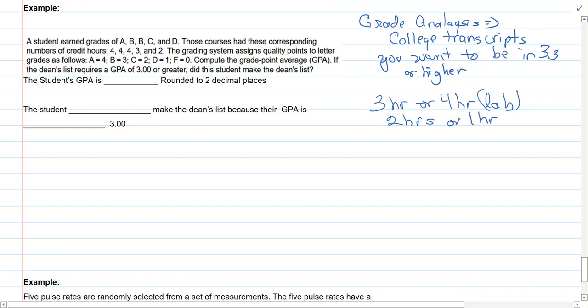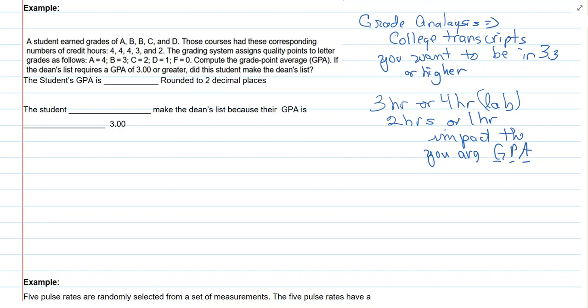So these impact your average GPA, grade point average. So let's look at this one and we can make sense of what we're doing here.